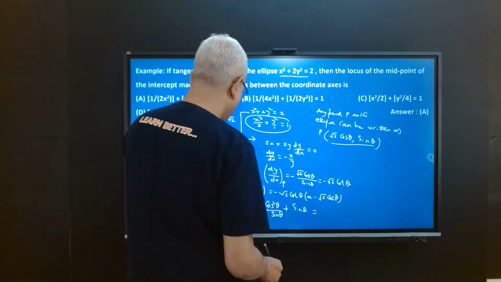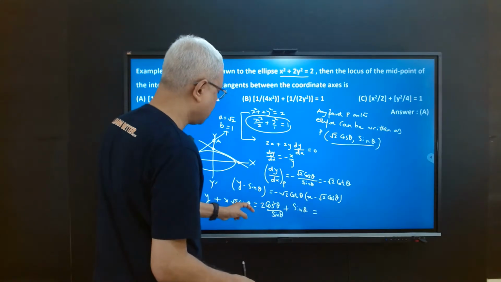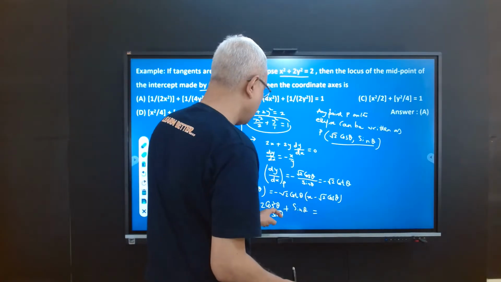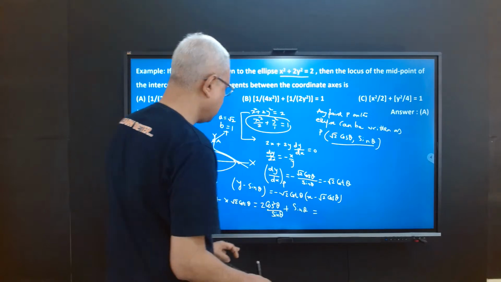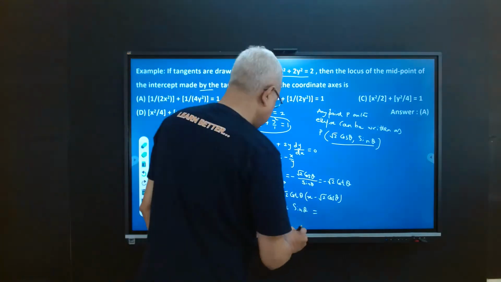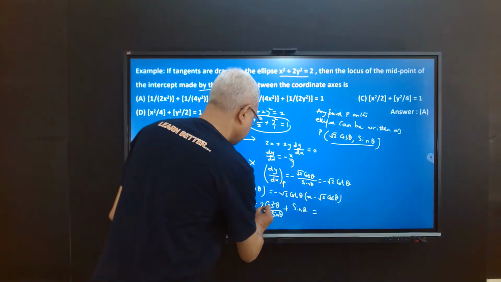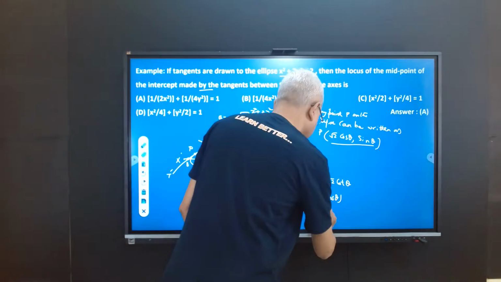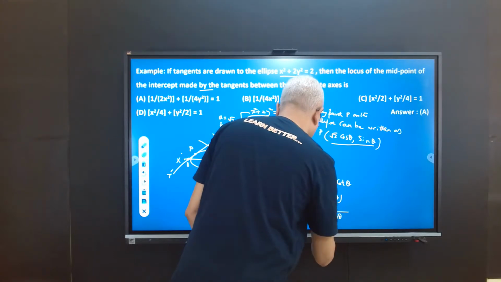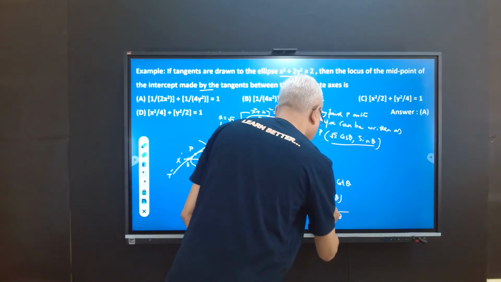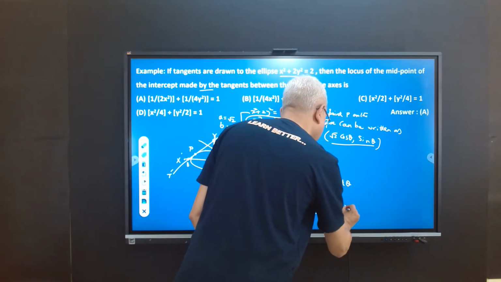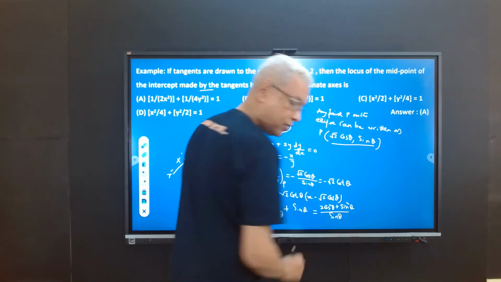So y plus x root 2 cot theta is equal to 2 cos square theta by sin theta plus sin theta. Okay, so it is sin theta, 2 cos square theta plus sin square theta. Okay.